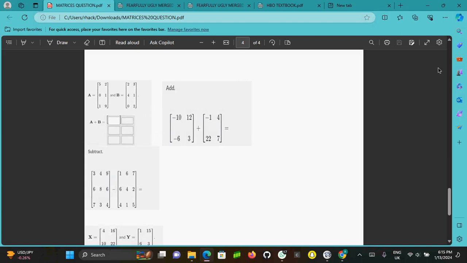who can help me solve this? First of all, can they be added? Is it possible for us to add them?